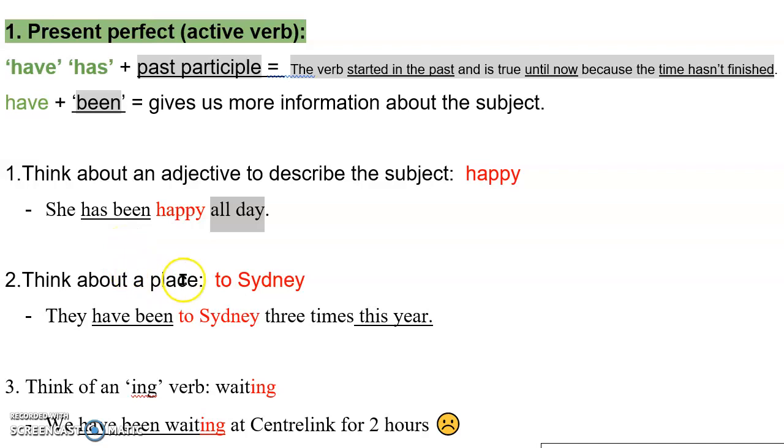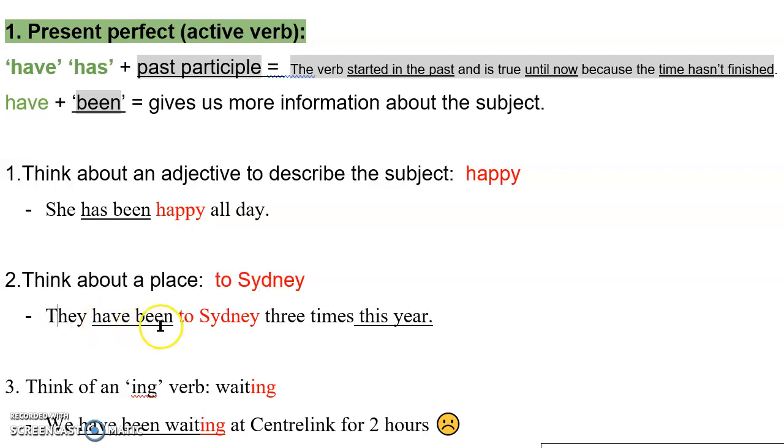So let's think about a place. For example, Sydney. We want to describe where the subject is. So we're going to use the to be verb, but we're going to use the present perfect. So we need have or has. So our subject is they.